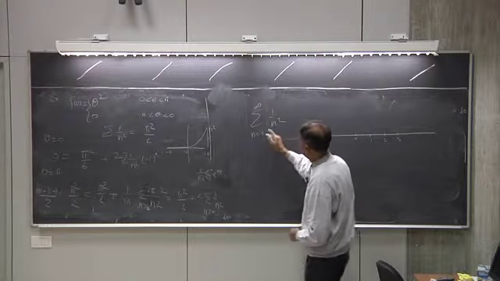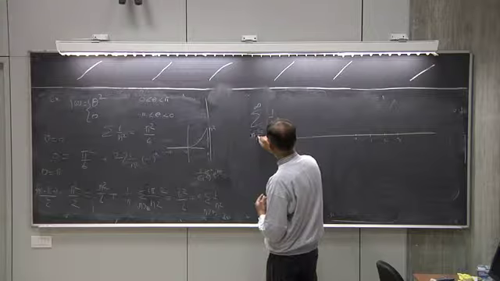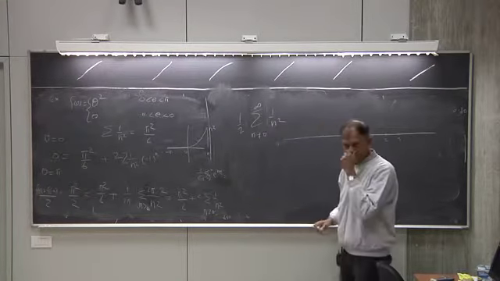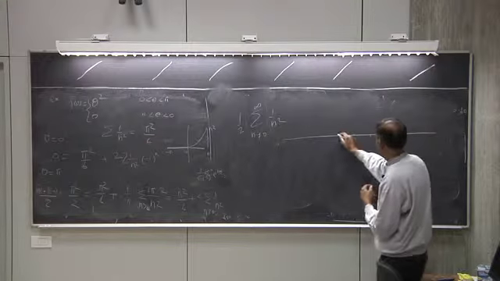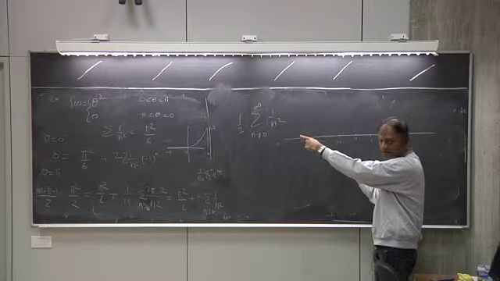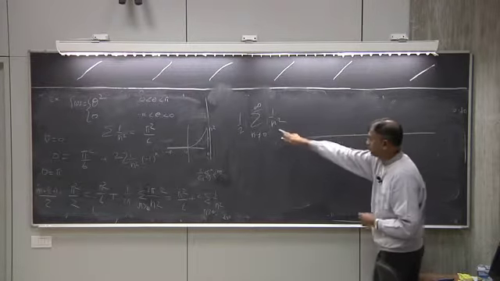So in fact, I could make it all integers, plus and minus, except n not equal to 0, divided by half. Because if n is minus 1, it is the same thing, I'm just counting twice. So I will just sum over all integers except 0, because 0 blows up.